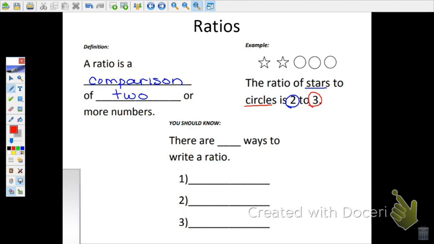Then the you should know: there are 3 ways to write a ratio. If we look at the example that they gave us, they used the 2 to 3. So one way that you can write a ratio is using the word "to" in between. You can use a colon.